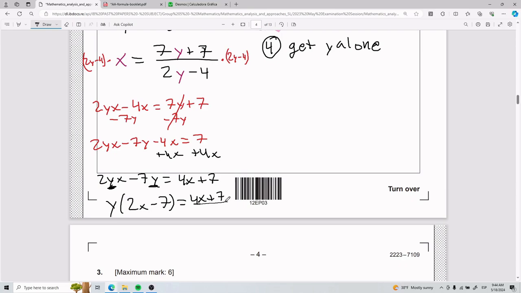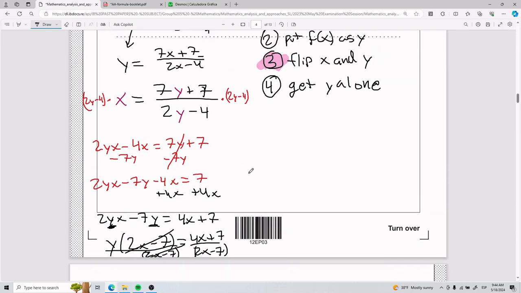And so now to get y alone, you can just divide. So here, because it's multiplying, you can divide by 2x minus 7 to both sides. So that means that this goes away with this. You end up with y equals 4x plus 7 divided by 2x minus 7, right?